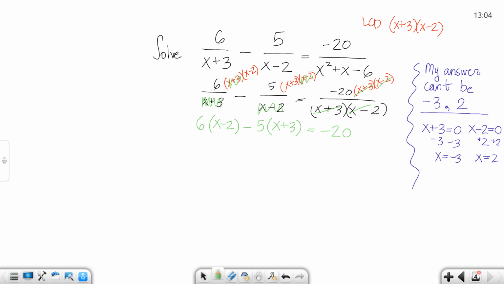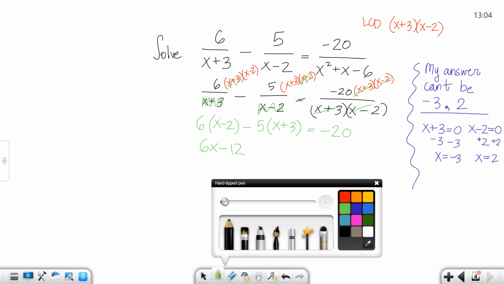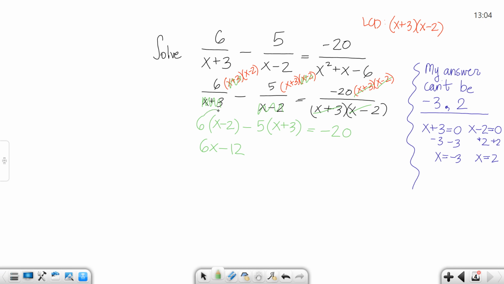So all we want to do at this point is multiply through and get rid of the parentheses. So that would be 6x minus 12. Watch your signs.